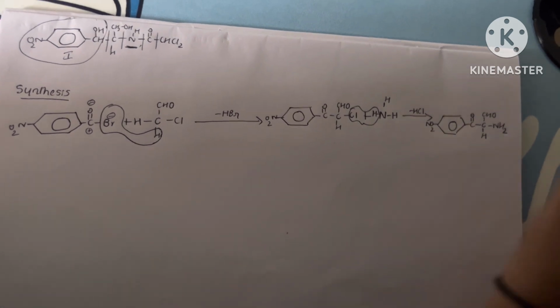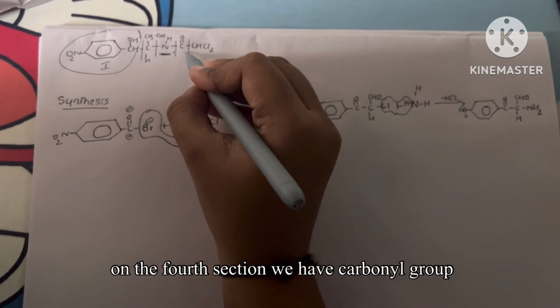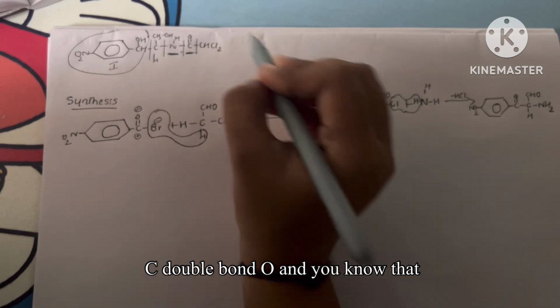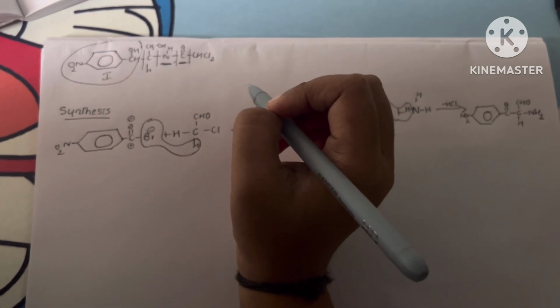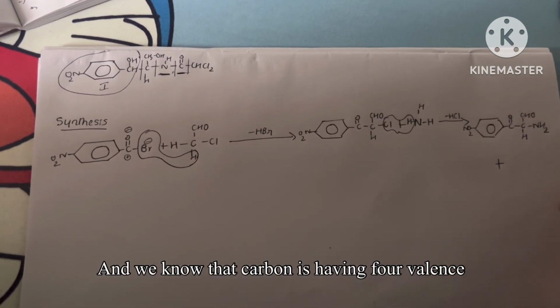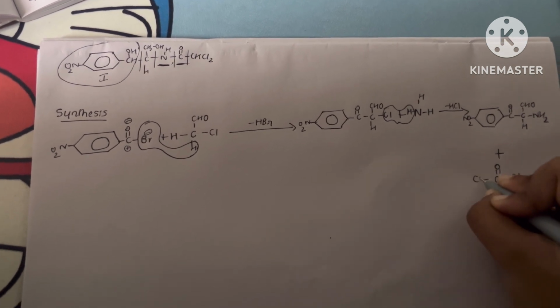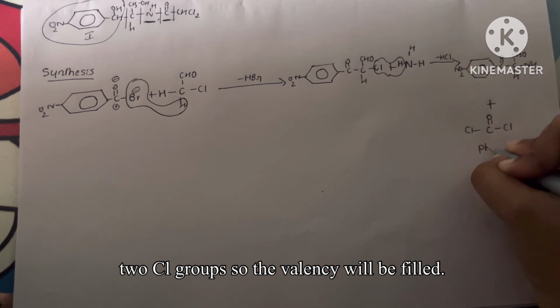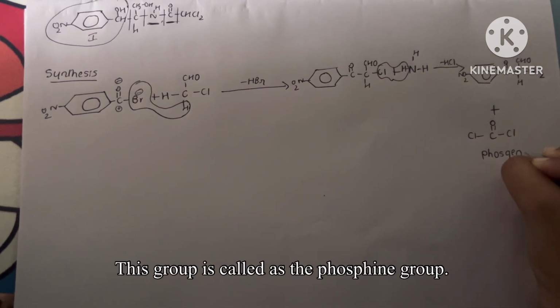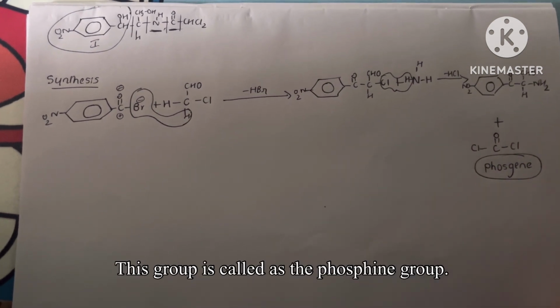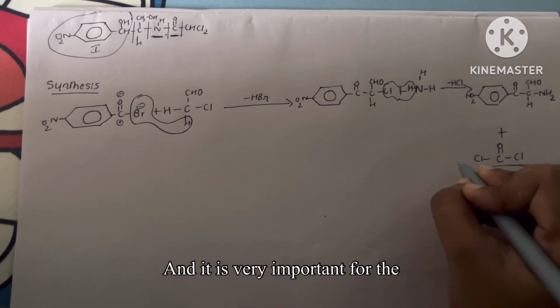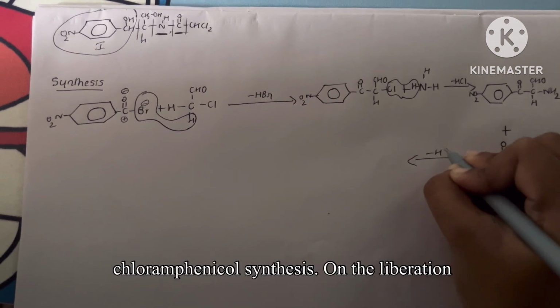And now in the fourth section we have the carbonyl group, C double bond O, and we know that carbon has 4 valence electrons. To the carbonyl group we are attaching 2 Cl groups, so the valency will be filled. This group is called the phosgene group, and it is very important for the chloramphenicol synthesis.